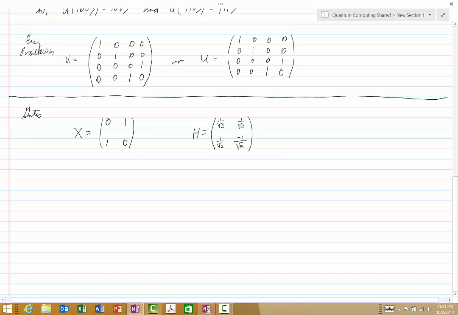Now, before we go to transformations of 2 qubit states, I want to make one point here about the 1 qubit states and 1 qubit transformations.